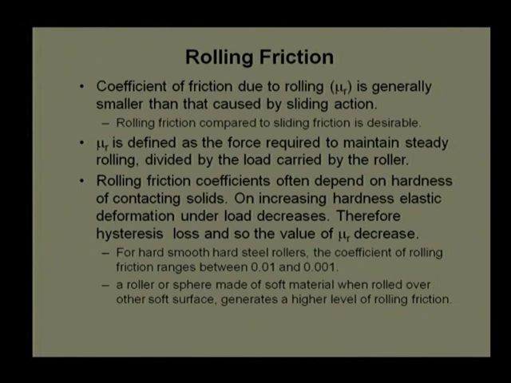Rolling friction will be high, rolling resistance will be high in that case, if the material pair is soft and soft. If a hard material is rolling over a hard material, deformation will be lower, and in that case the coefficient of friction will also be lower.